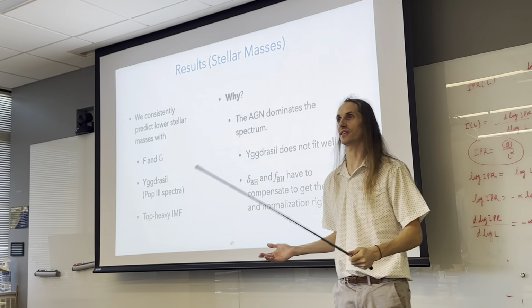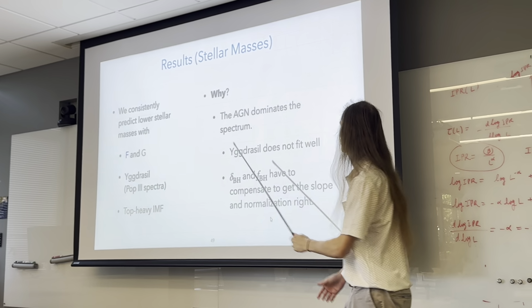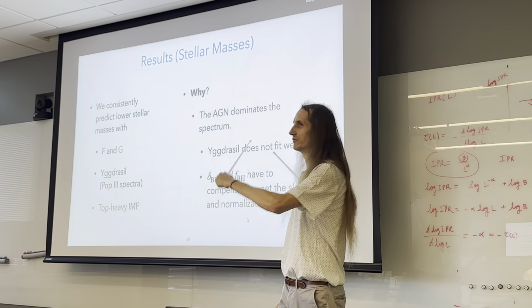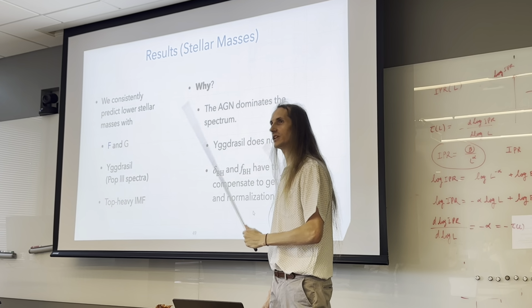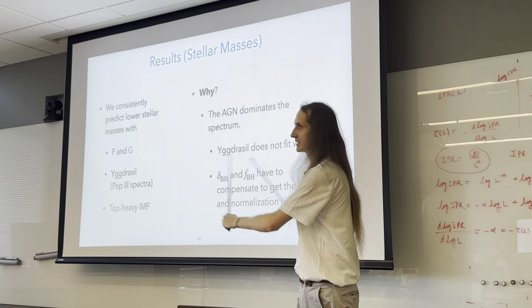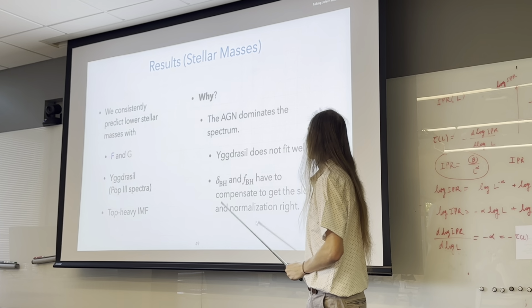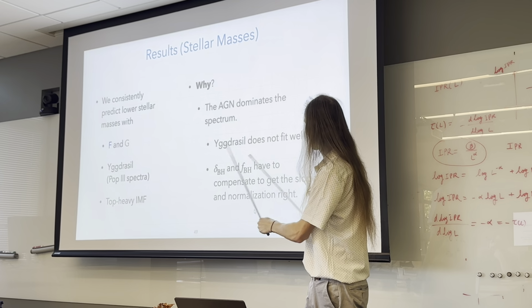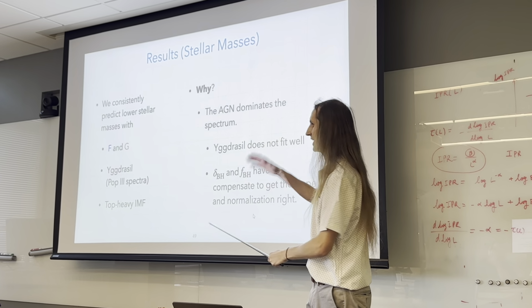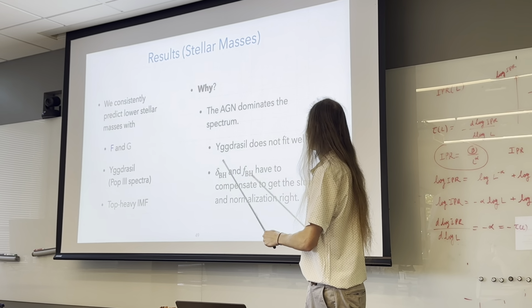Unfortunately, we can't say that with a high degree of confidence because, as we showed before, the Yggdrasil spectra don't fit the data well. They have much higher chi-squared. Since the Yggdrasil spectra, the stellar spectra, can't fit the data well, the black hole mass, or black hole fraction, FBH, controls how bright the black hole spectrum is.